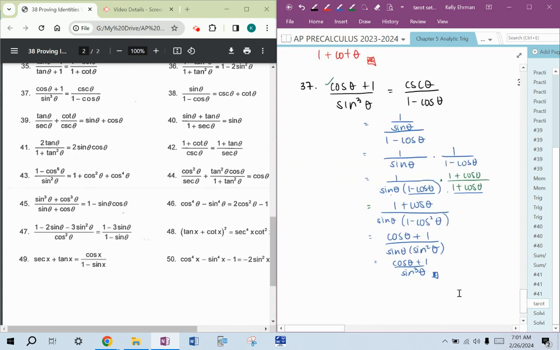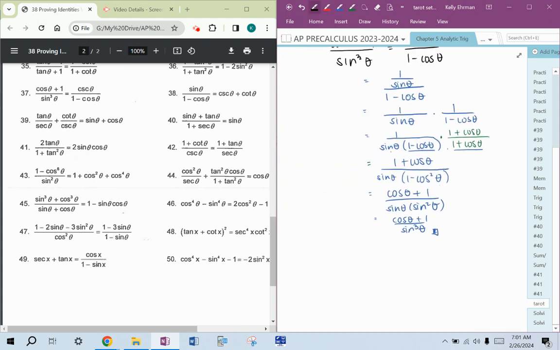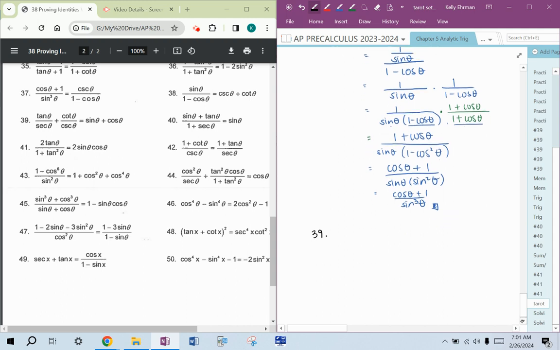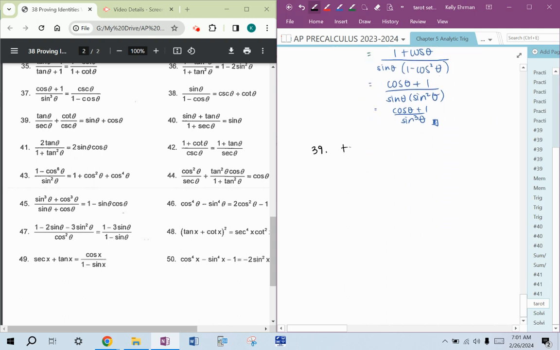All right, 2 more problems. 39 is tangent theta over secant theta plus cotangent theta over cosecant theta equals sine theta plus cosine theta. Here's another one we should work on the left side and rewrite in terms of sine and cosine.